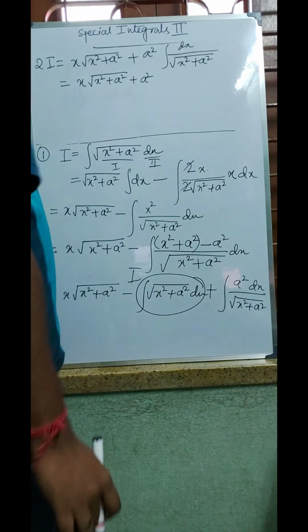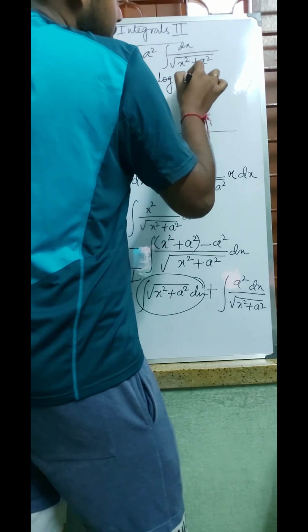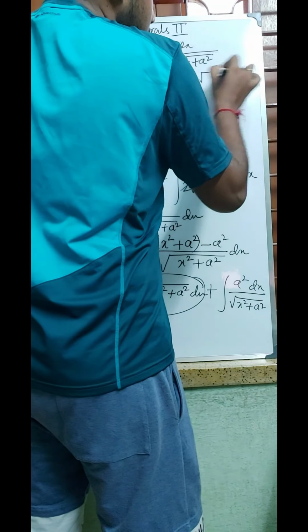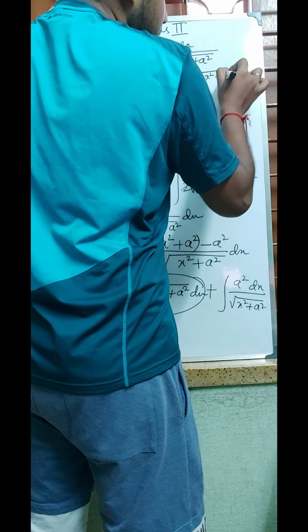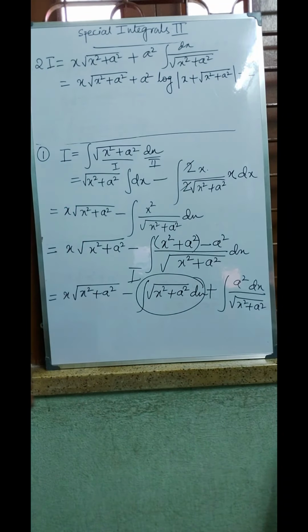Now dx by root over of x square plus a square, if you remember, this becomes log of mod of x plus root over of x square plus a square plus c. Obviously I will be writing that c.